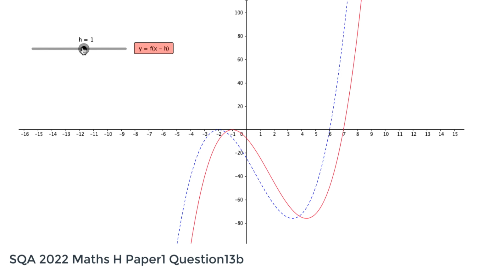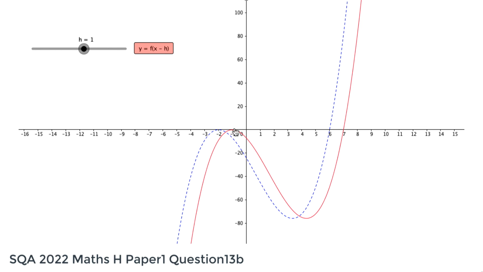Let's subtract 1. You'll notice that there's the old y equals f of x graph shown in blue and dotted line, and we'll notice that the graph has moved 1 unit to the right. So what's happening now is that if we put x equals -1, we've got -1 minus another 1, that's -2.